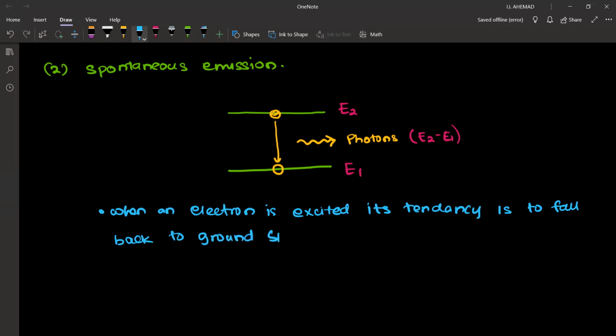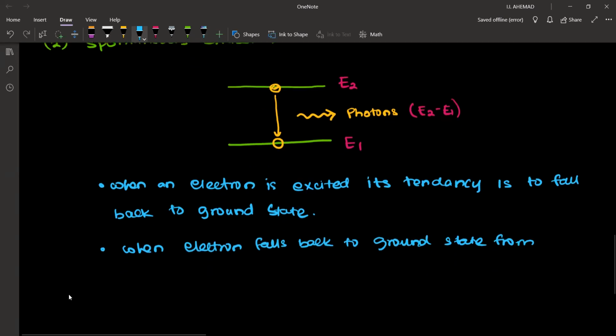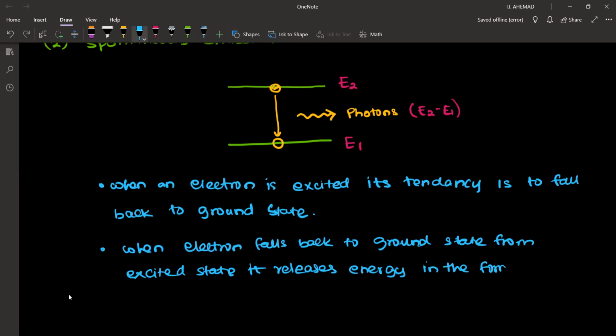When an electron falls back to ground state from excited state, it releases energy in the form of a photon.